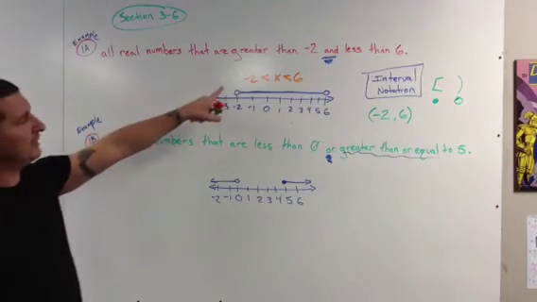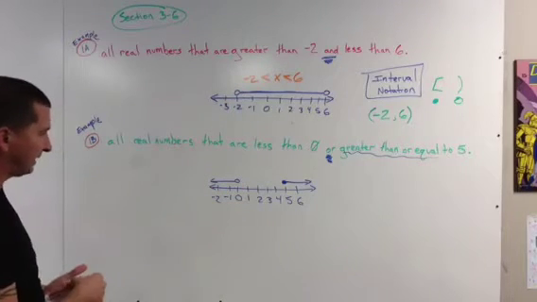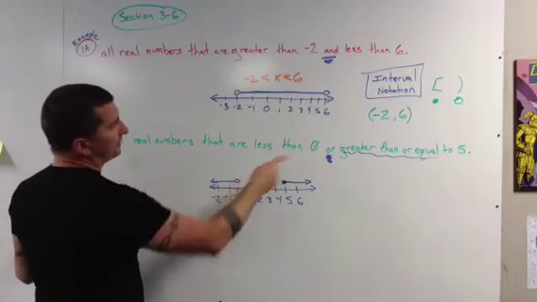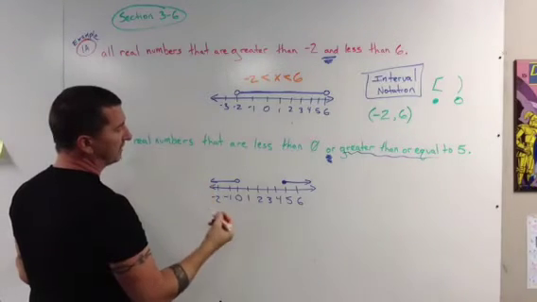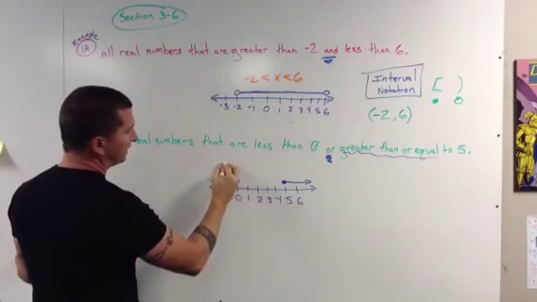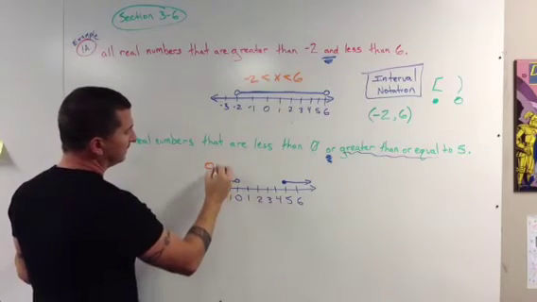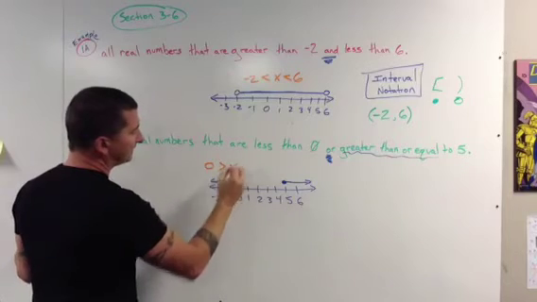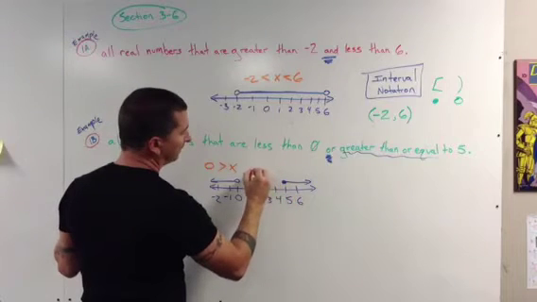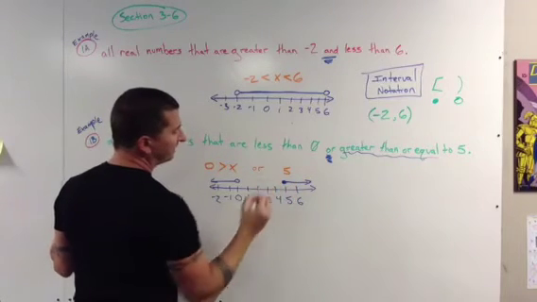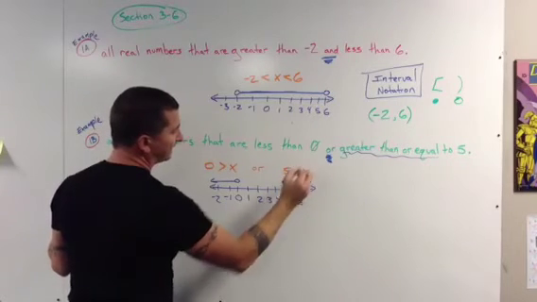Now let's write inequality statements out for this. When you're using or instead of and, you're really just writing two separate inequalities. So you're going to have 0 is greater than x, and then you're going to have or 5 is less than x.